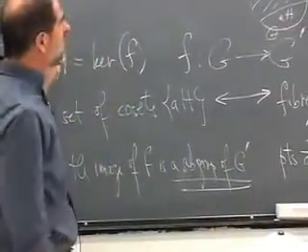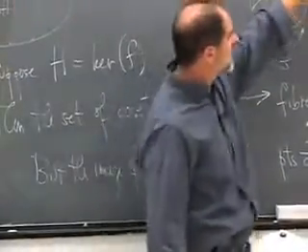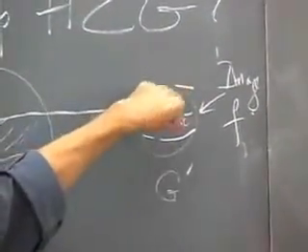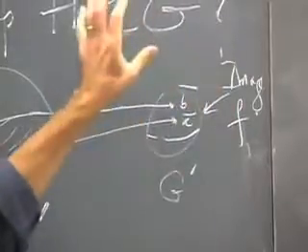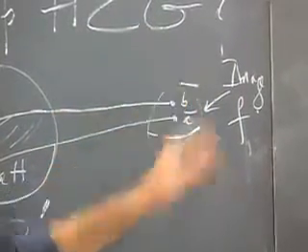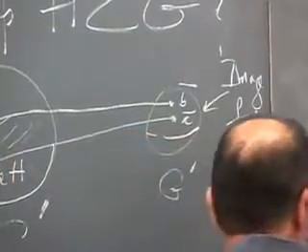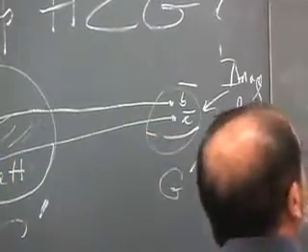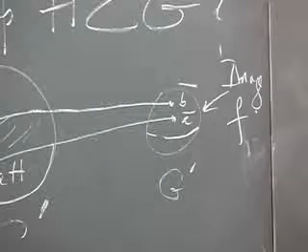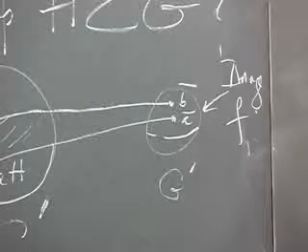Therefore, since the set of cosets is in bijection with the image, and we have a group structure on the image set, that gives us a group structure on the set of cosets, right? Good. So we transfer, sometimes mathematicians, if they wanted to be sophisticated, would say we transport the structure of the image onto the set of cosets.